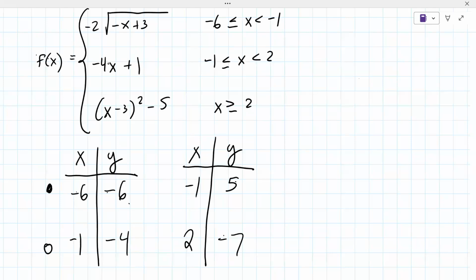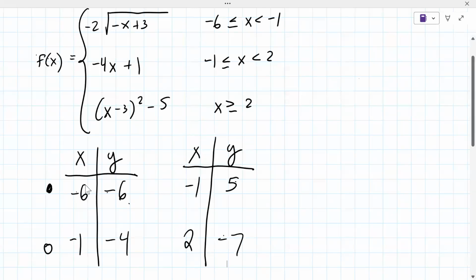Now, is it an open or a closed circle at each of those? For -1, 5, that's going to be an open circle, and for 2, -7, that's going to be an open circle. Okay, how do you decide if it's an open or closed circle? How did you do it for the first one? It's not just whatever you feel like, there are rules that govern it.